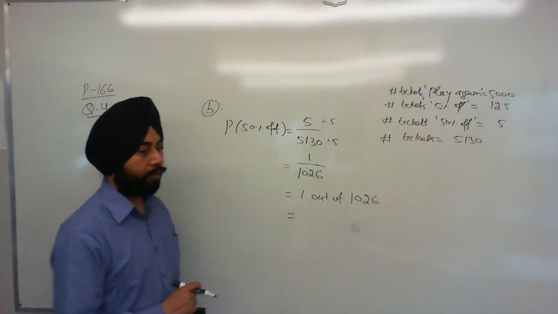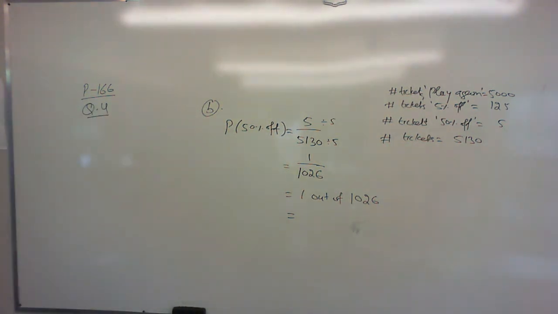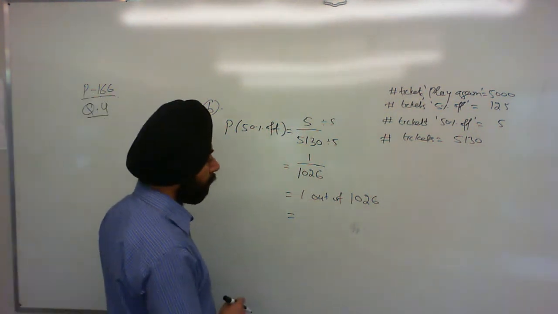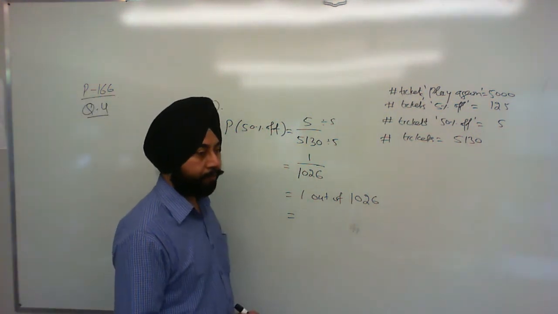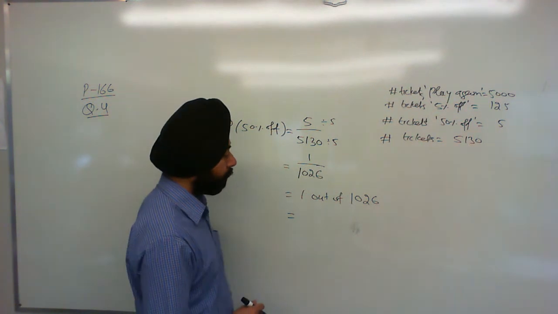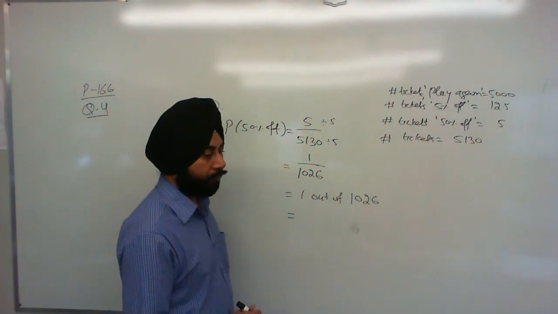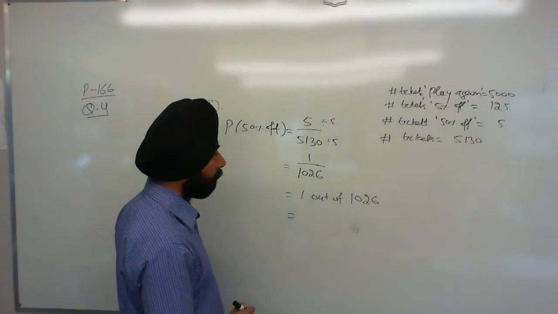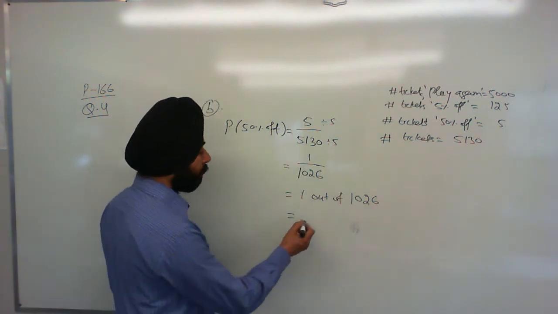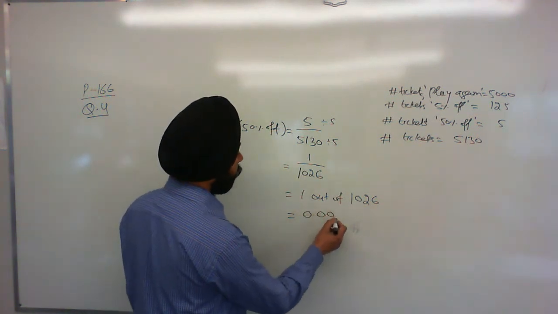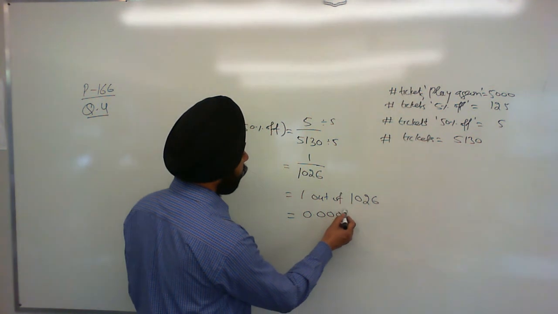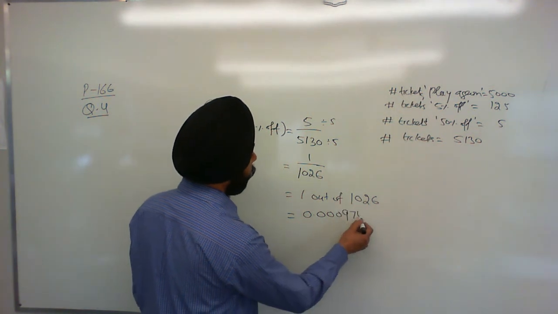You can also change it into a decimal number. 1 divided by 1,026 is 0.00097.